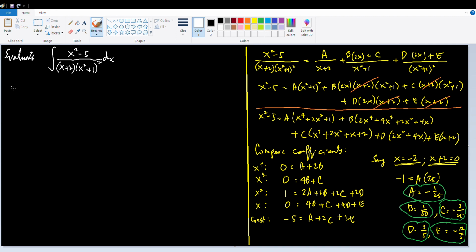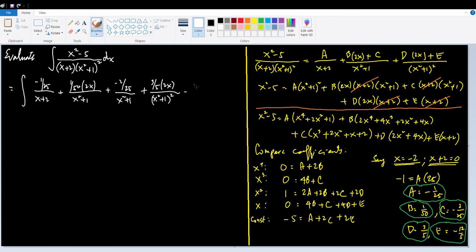Okay, so let's go back to our integral. It becomes negative 1 over 25 over x plus 2, plus b is 1 over 50 times 2x over x squared plus 1, plus c is negative 2 over 25 over x squared plus 1, d is 3 over 5 times 2x over x squared plus 1 squared, and e is negative 12 over 5 over x squared plus 1 quantity squared, everything dx.